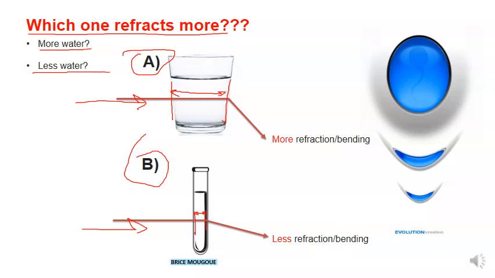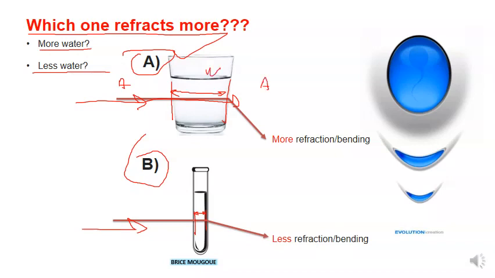where does the light pass through more water? Our answer is A. And since the light is passing through more water here, we are leaving from air, water, air.